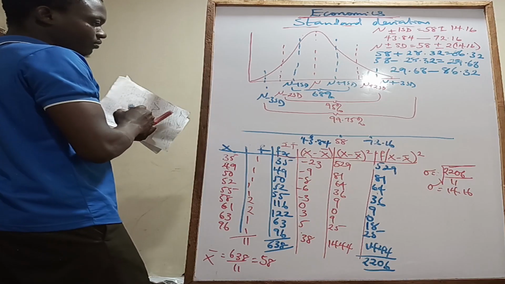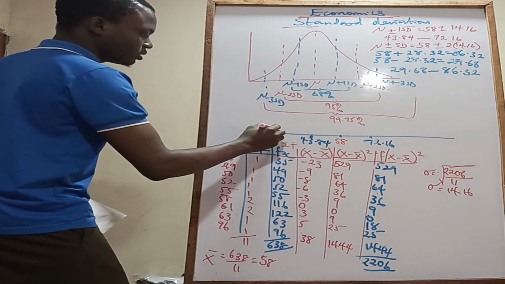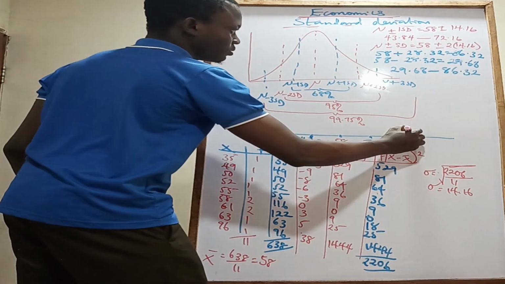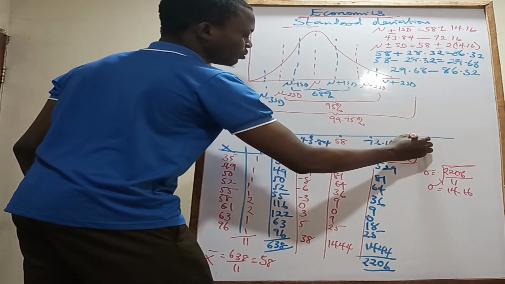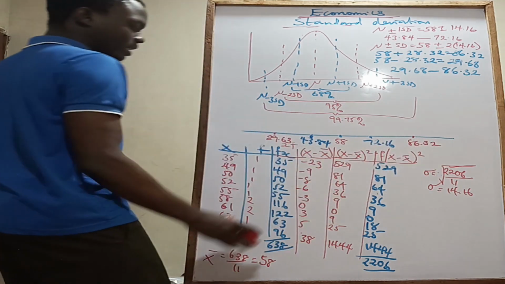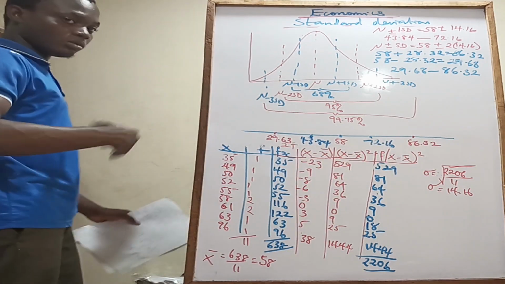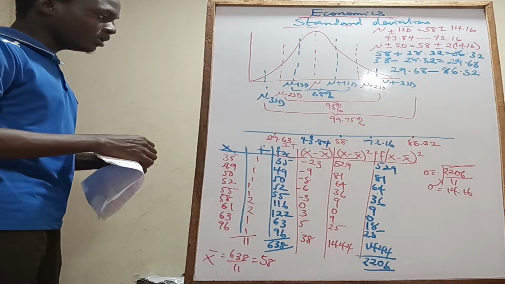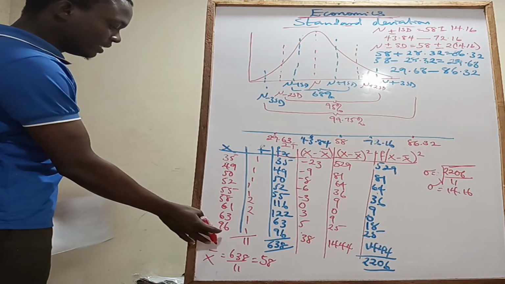Then the one that is two standard deviations away from the mean, 29.68, and here 86.32. So anything that now falls outside of all of this is likely going to be an outlier.